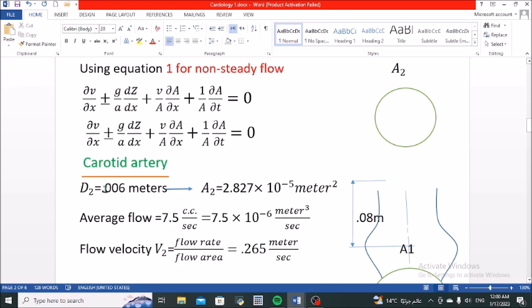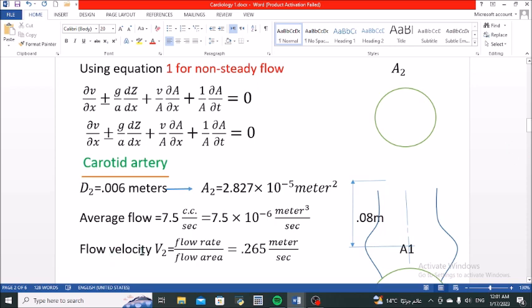For 6 millimeters, that is 0.006 meters, the area would be 2.827 times 10 to the power minus 5 meters squared. As I said, our system is the MKS system, where length is in meters, area in meters squared, and so on.